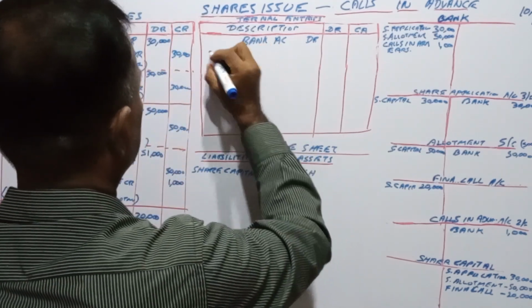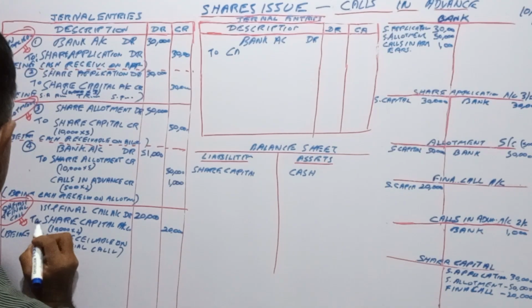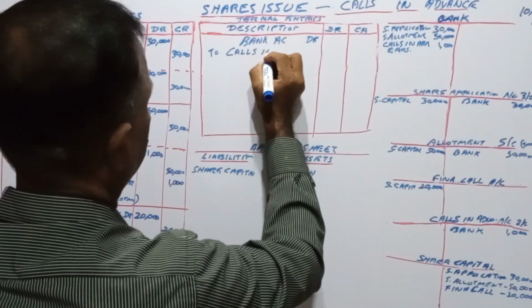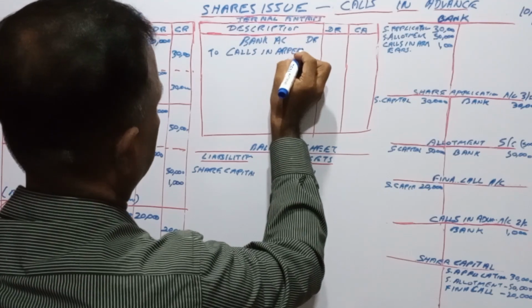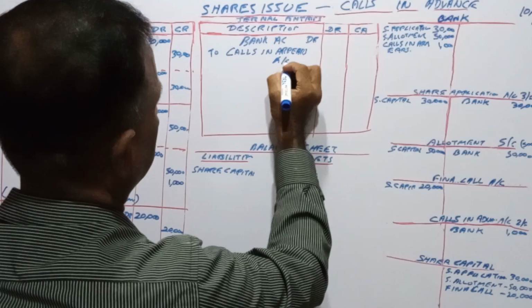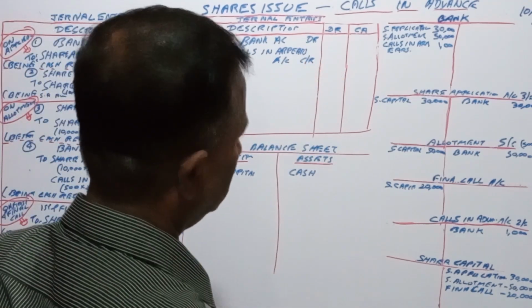Calls 2. Right here we have to say 2 calls in arrears account credited, right?